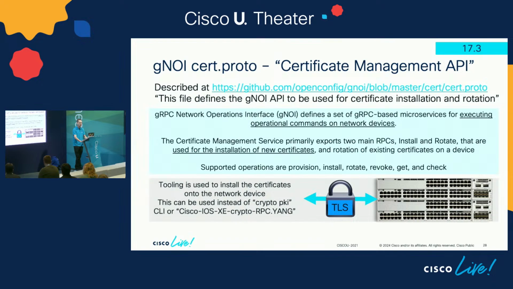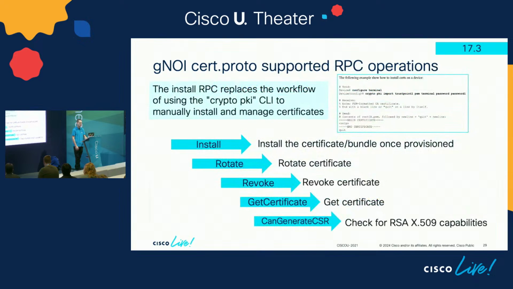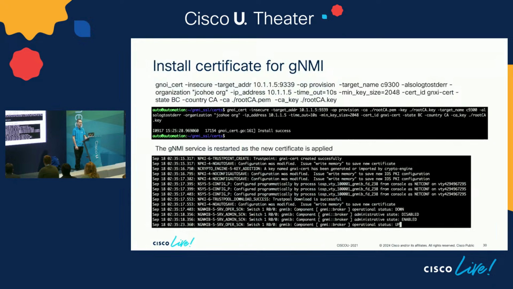The certificate management one essentially is just an API that only deals with certificates. You can do revokes, and you can do certificate lifecycle management through there. This is an example of using this API. At the very top, I have my Linux command. I'm calling the gNOI cert binary, the tool that connects to the device.